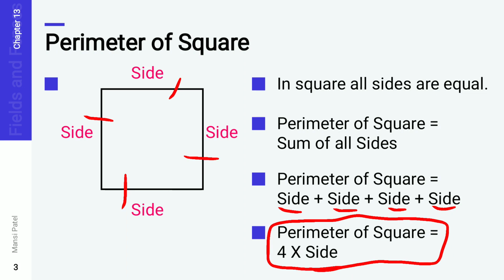And one thing you also have to remember: in this chapter, in all the word problems and all the questions, you compulsorily have to draw the figure. This is part of geometry. So whenever you are solving a geometry sum, you compulsorily have to draw the figure. So the formula for the perimeter of a square is 4 multiplied by side.